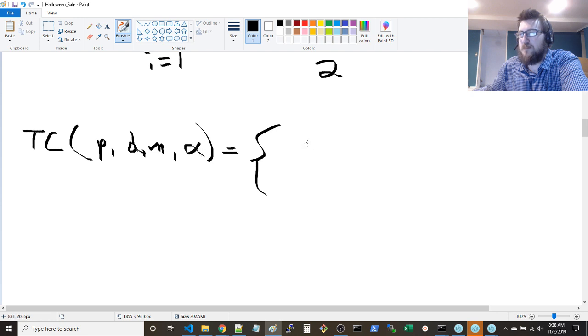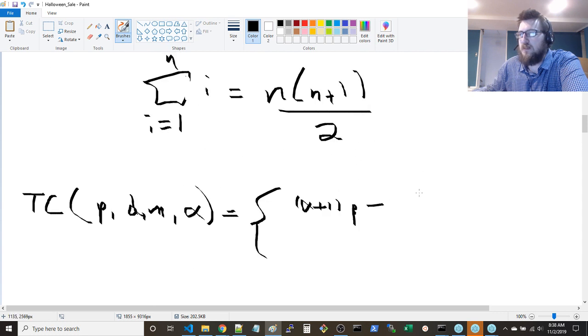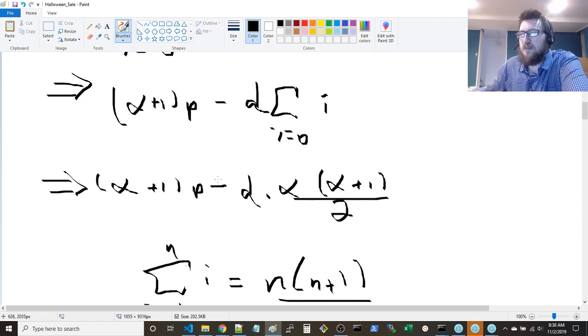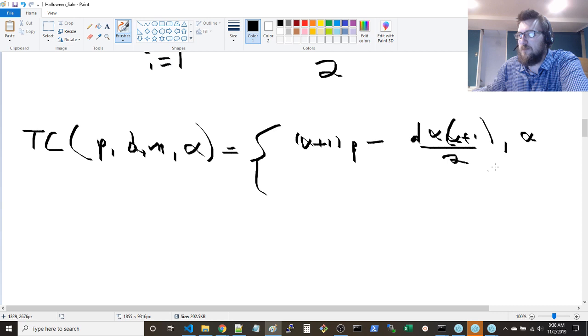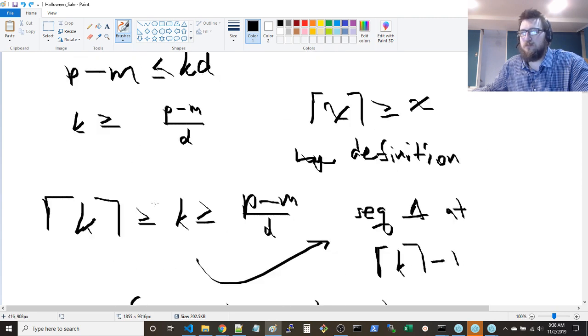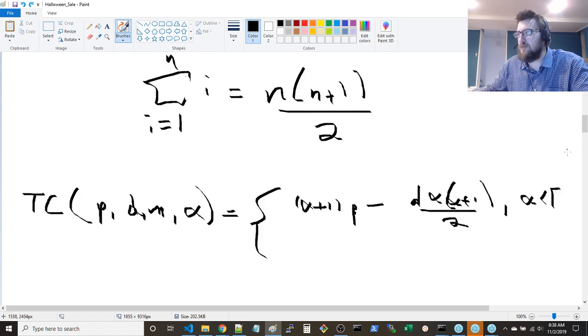Given some alpha, we say this is going to be alpha plus 1 times p minus d times alpha plus 1 over 2 when alpha is less than or equal to the ceiling of k, or less than the ceiling of k, which is this expression, p minus m over d.